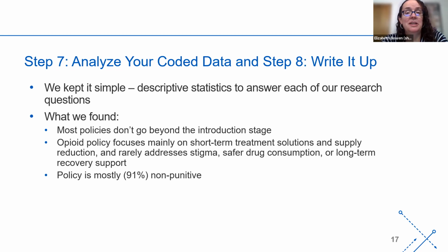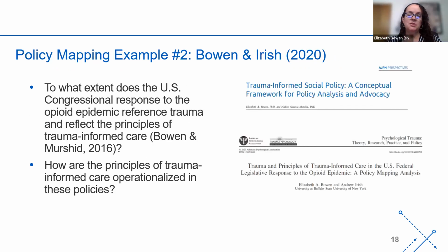That really pointed, I think, to some real gaps in the policy response. We did also find that the policy was mostly non-punitive, so 91% we coded as non-punitive. That was also interesting, since that does represent a departure from the nature of the previous drug policies in the US. So I wanted to briefly talk about that other example.